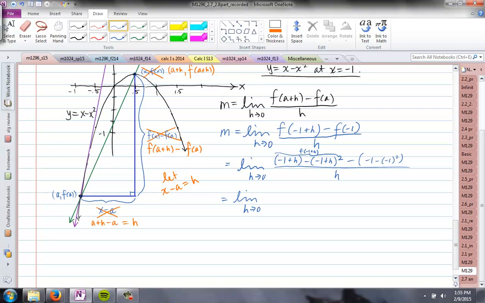Alrighty, so now what you want to do with this first part is just simplify when you can, or I shouldn't say simplify, but expand. So negative 1 plus h, I can drop those parentheses. I'm going to keep the minus up front, but I'm going to expand the square thing. So I'm going to have 1 minus 2h plus h squared. And then we're going to have the plus 2 again.